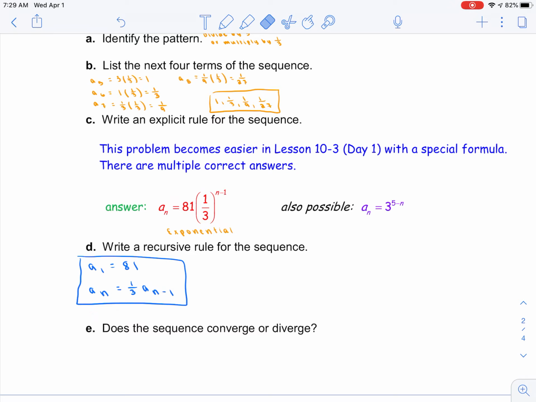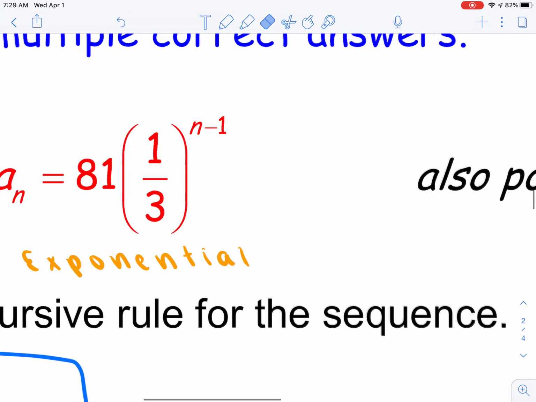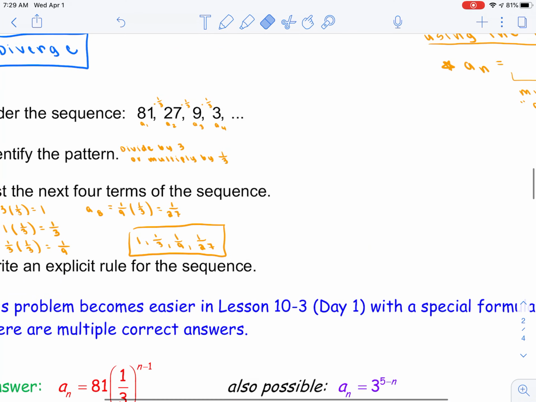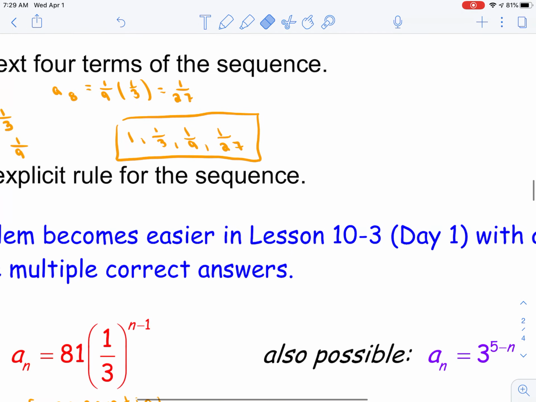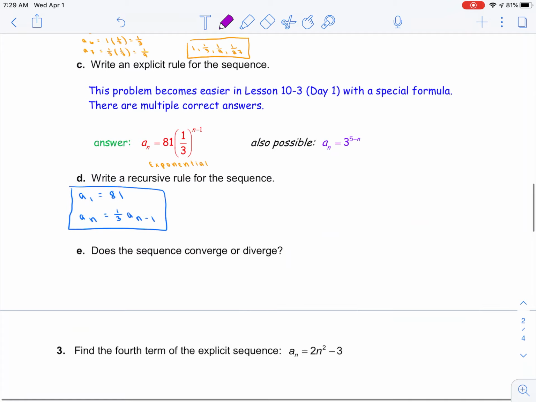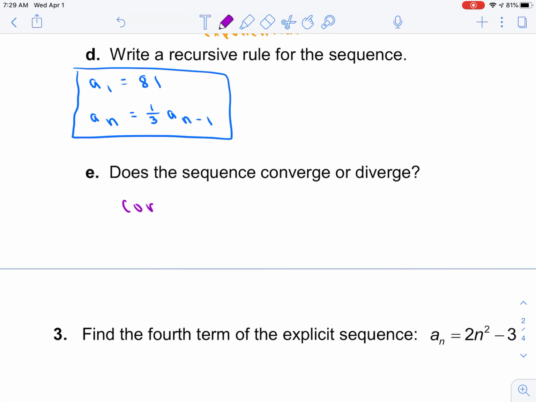Now, finally, will this converge or diverge? Well, think about this. This is exponential. Even though we aren't learning the equation today, even just think about what's happening to these terms. I keep multiplying by a third, by a third, by a third. These are going to approach a horizontal asymptote value. These are definitely going to converge, and specifically, they're going to converge to 0.